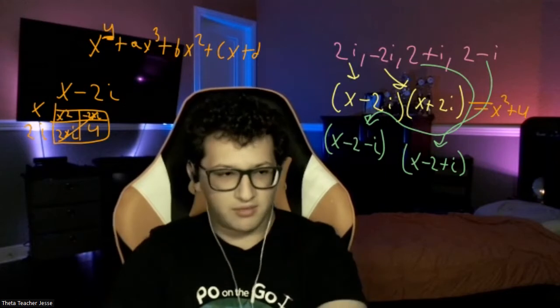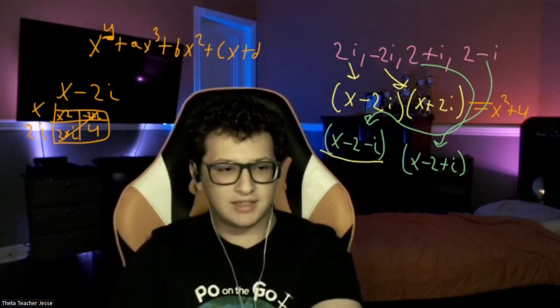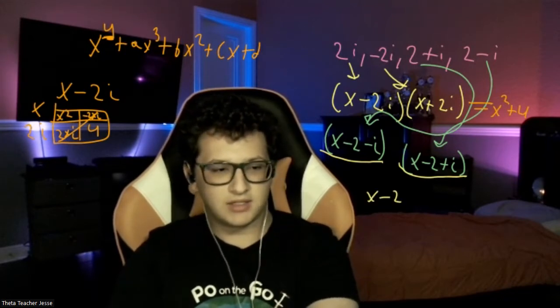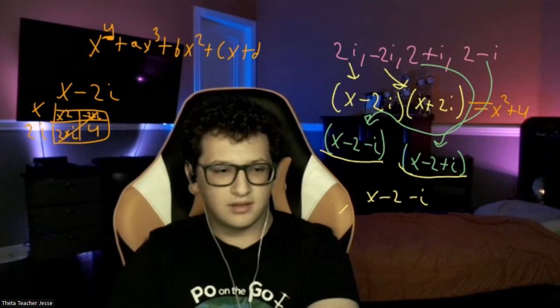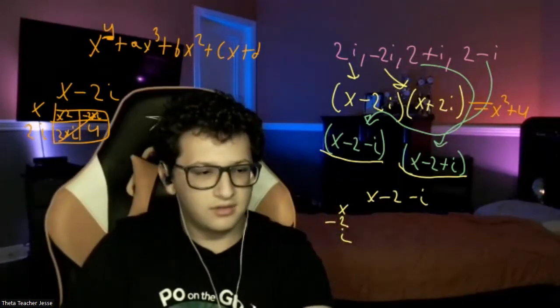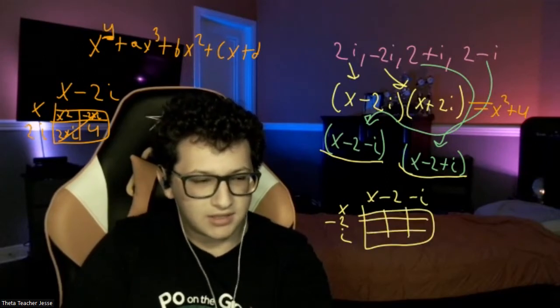Okay, now what we have to do is x minus 2 minus i times x minus 2 plus i. Move over, do our boxes again. It's going to be a little tough to see, but that's okay.